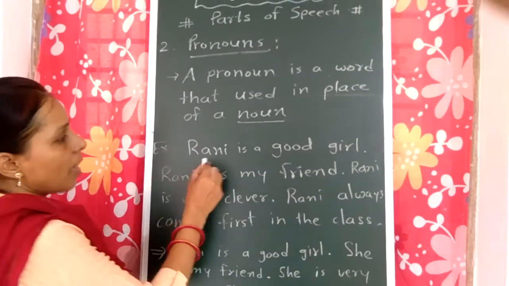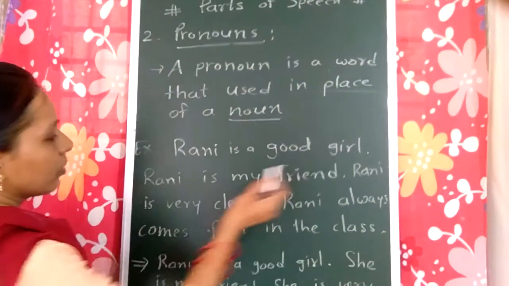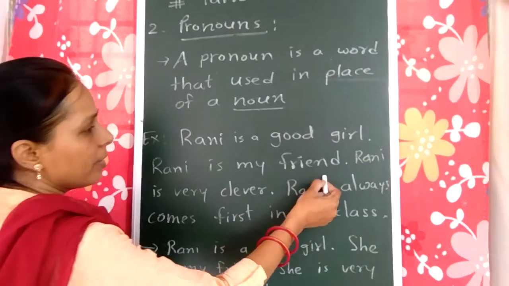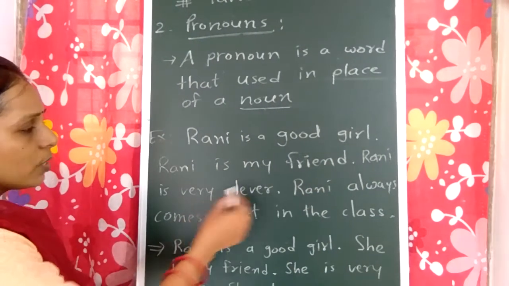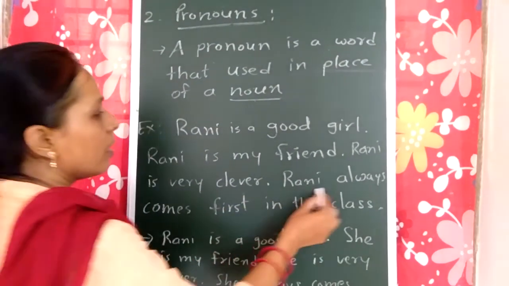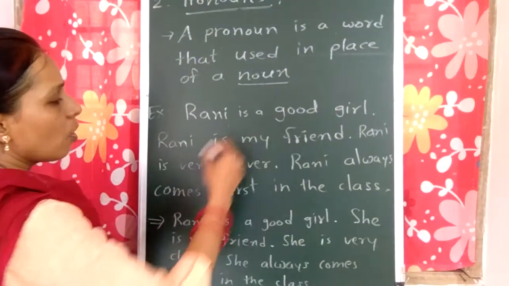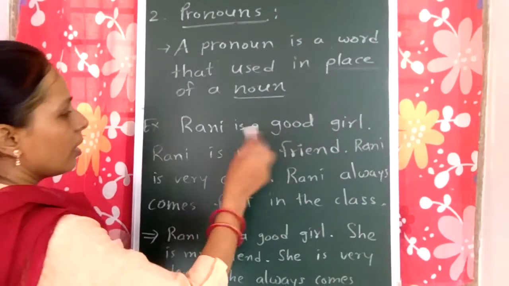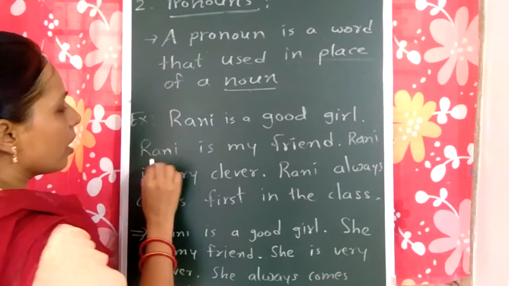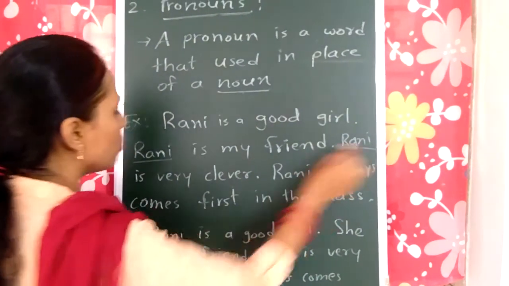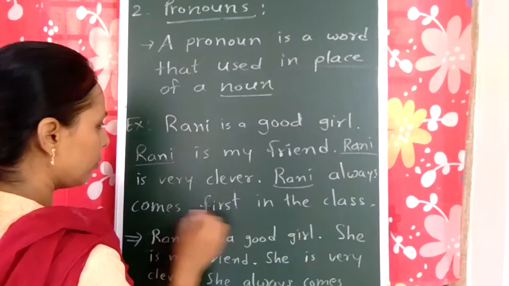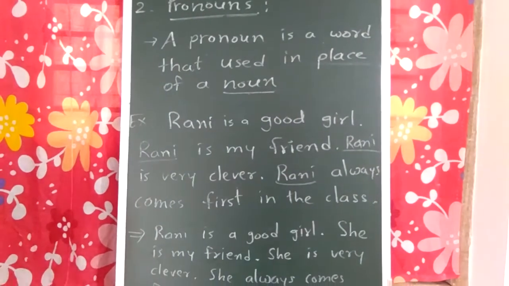Here, Rani is a good girl. Rani is my friend. Rani is very clever. Rani always comes first in the class. Here in all sentences, in this paragraph, again and again the word Rani is used, right?